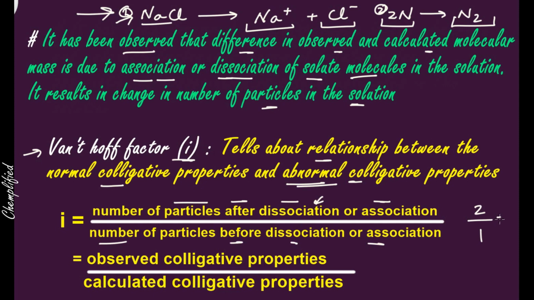So the value of i is equal to 2 in this case. Or you can also write it as observed colligative property upon calculated colligative property. A third formula is also there, which states VAN'T HOFF factor is equal to calculated molecular mass upon observed molecular mass.